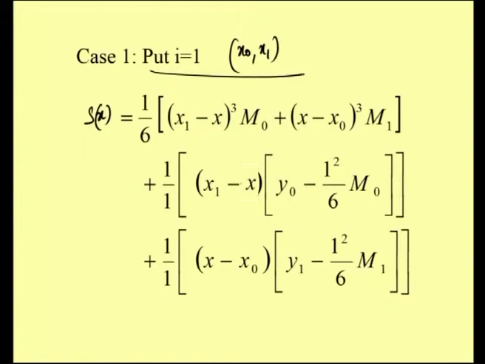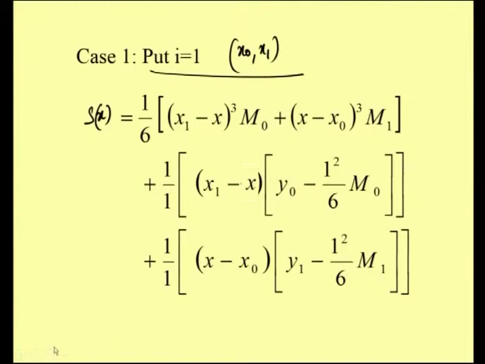So, put i is equal to 1, we get 1 by 6 into (x1 minus x) whole cube into m0 plus (x minus x0) whole cube into m1, plus 1 by h, h is 1, (x1 minus x) into y0 minus h square by 6, h is 1, so 1 square by 6 into m0, plus 1 by 1 (x minus x0) into y1 minus 1 square by 6 into m1.